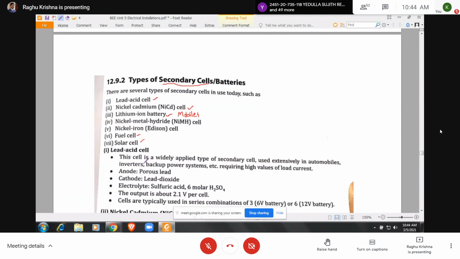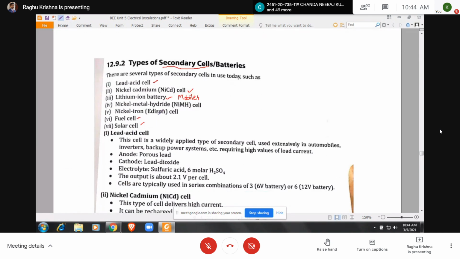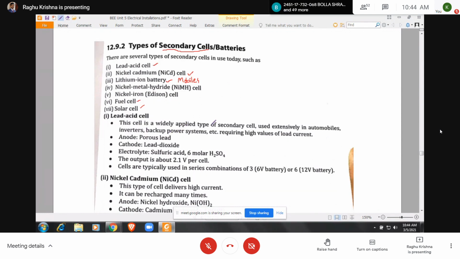Coming to the lead acid cell. These are rechargeable cells. The lead acid cell is the widely applied type of secondary cell, used extensively in automobiles like trucks, bikes, and cars, which have a battery.